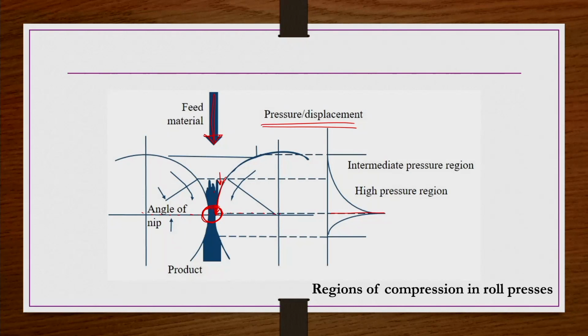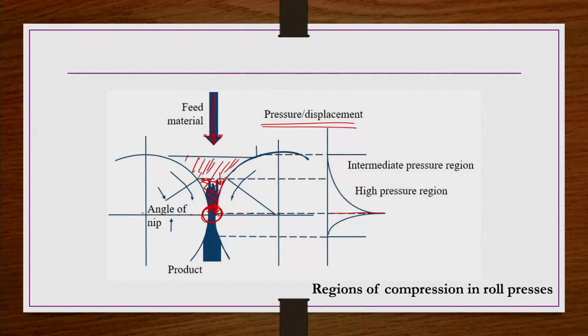So the moment the material comes here, it is an intermediate pressure region, right? So this is our intermediate pressure region. From here, the moment they start interacting with the rolls, the high pressure region starts. So this is the high pressure region, and it is maximum at the center.